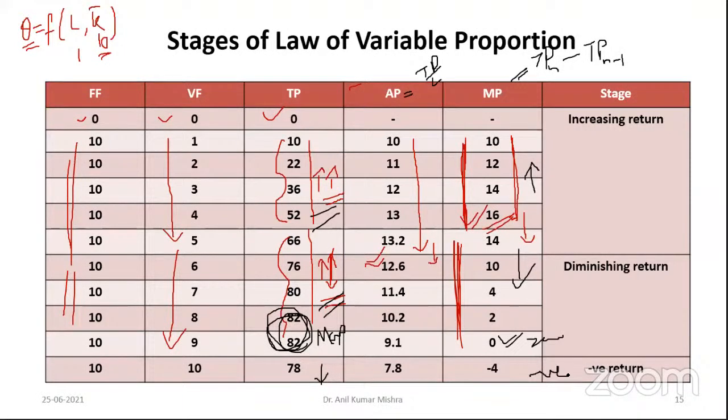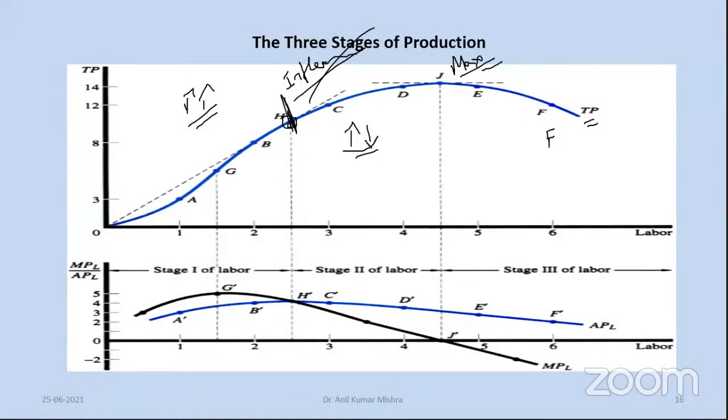So considering this, we move to the curve, and the curve tells us when total increases at an increasing rate, marginal continuously increases, right? Then it reaches its maximum point, then falls, and it becomes 0 vertically below the point of the maximum. When it falls further, it becomes negative.